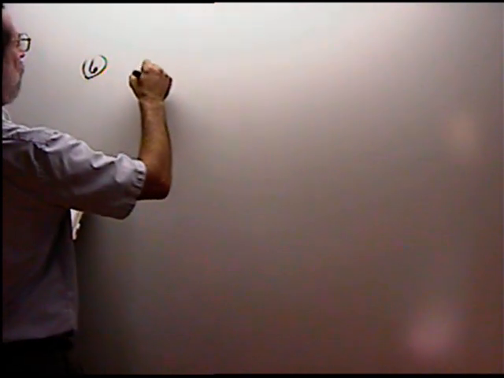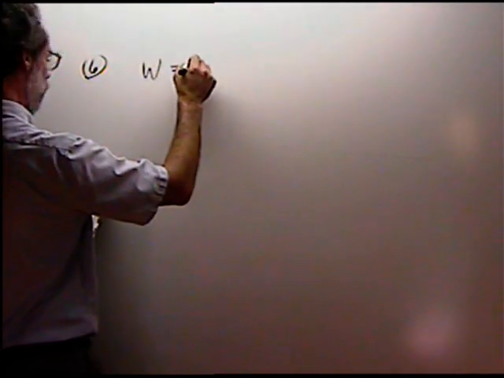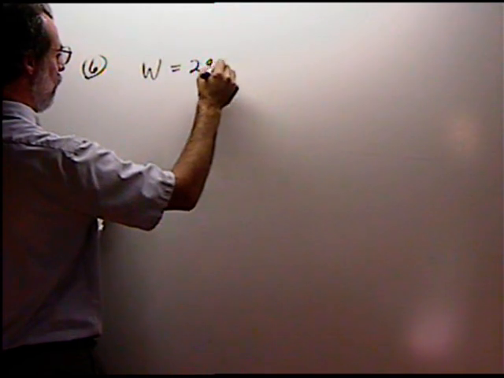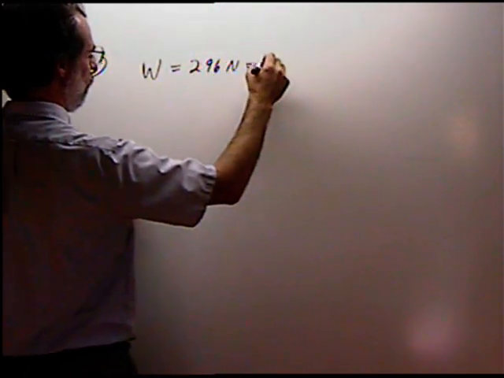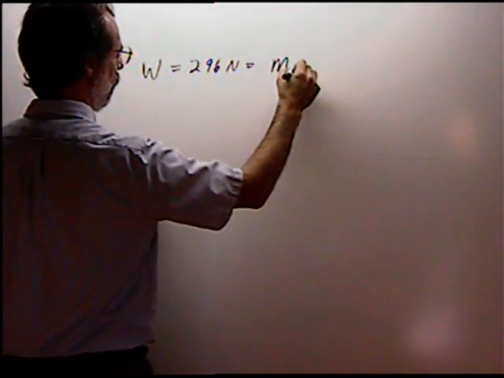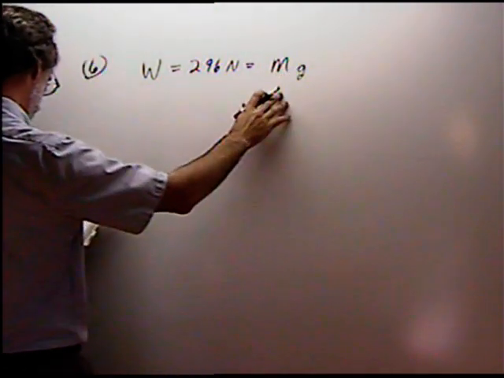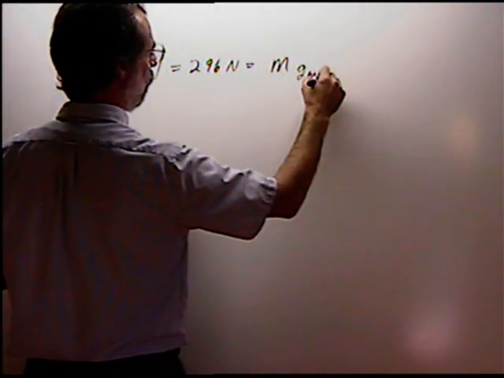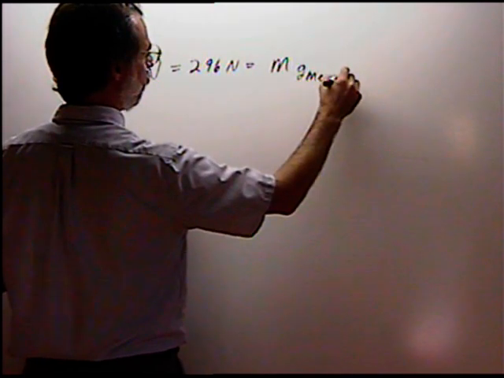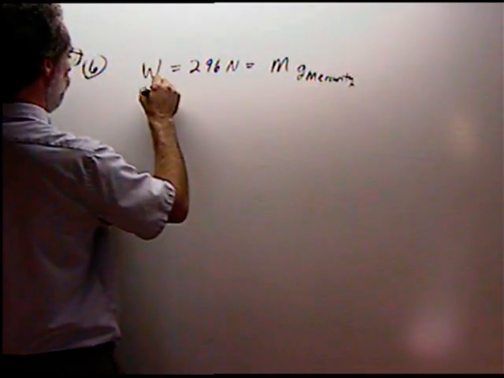So the weight of the astronaut is 296 newtons. That's the mass times the acceleration of gravity on Mercury. I'll go gravity of Mercury. That's the weight on Mercury.